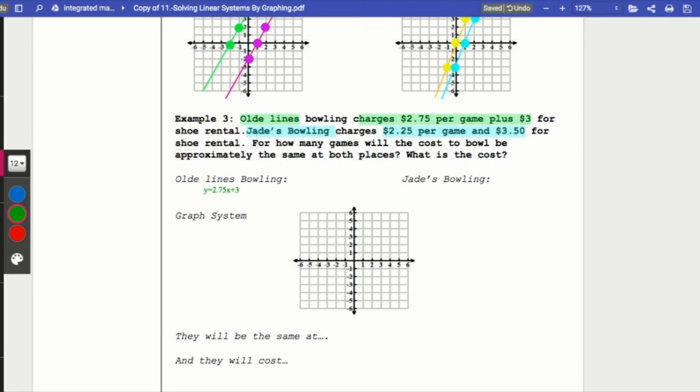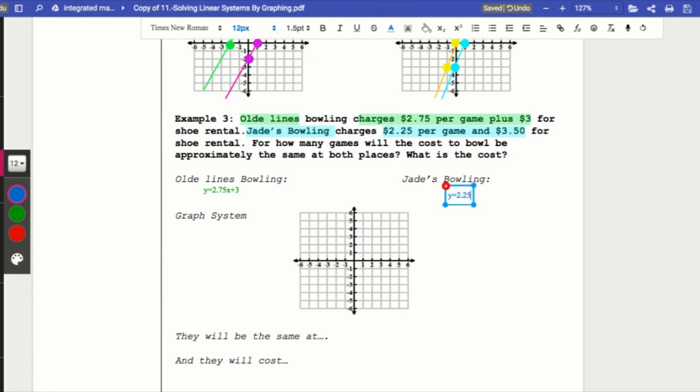And then Jade's Bowling is going to be $2.25 plus $3.50 for the shoe rental. And the reason why the shoe rental doesn't repeat is because once you rent the shoes, you have them for the game. You don't need to rent them every time you play. Okay. So it's just a one-time charge. So I got 2.75x plus 3 and 2.25x plus 3.50.